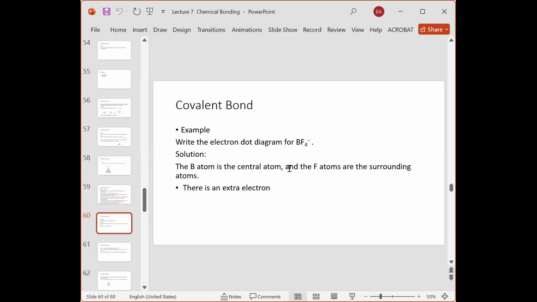So whenever we count the number of electrons it will get as its valence, we need to add 1 to it. The boron is the central atom, and the fluorine atoms are the surrounding atoms, and there's an extra electron.